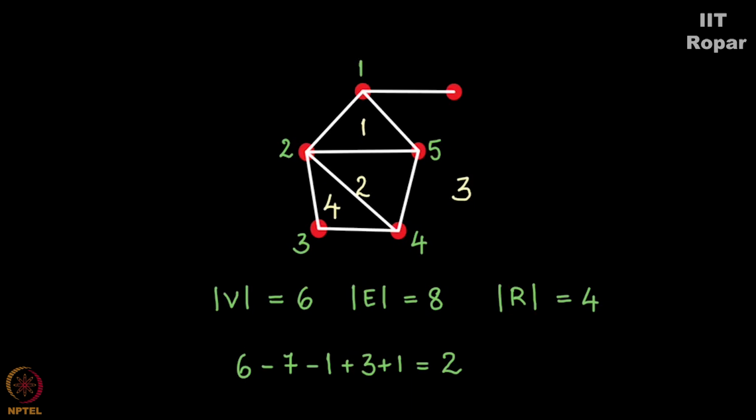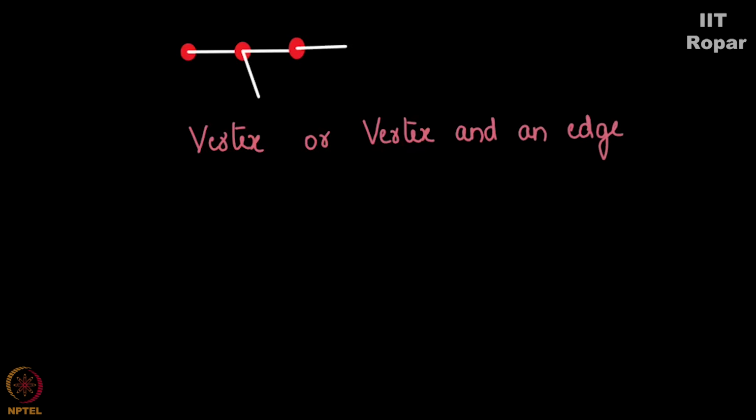So whenever a graph grows and you have a big planar graph, it starts from, let's say, a single vertex, and then you introduce an edge and a vertex, and then an edge and a vertex, and maybe only an edge, and then a vertex, and so on. You always introduce a vertex or a vertex and an edge.